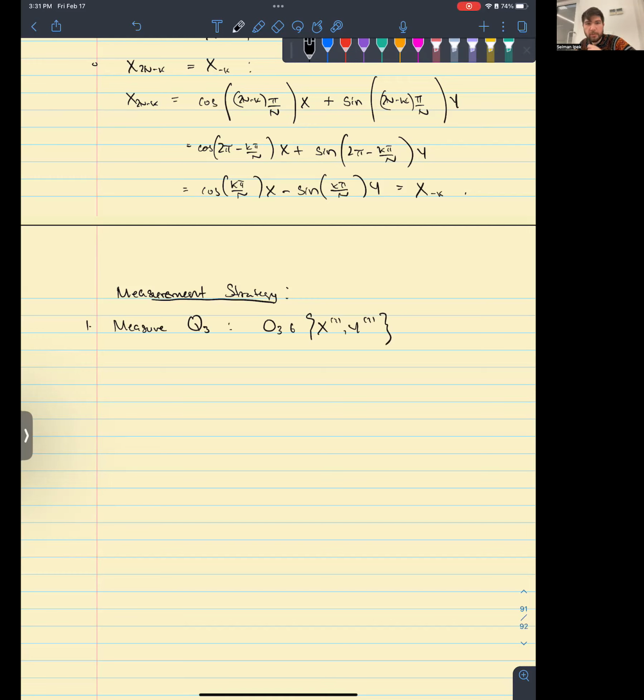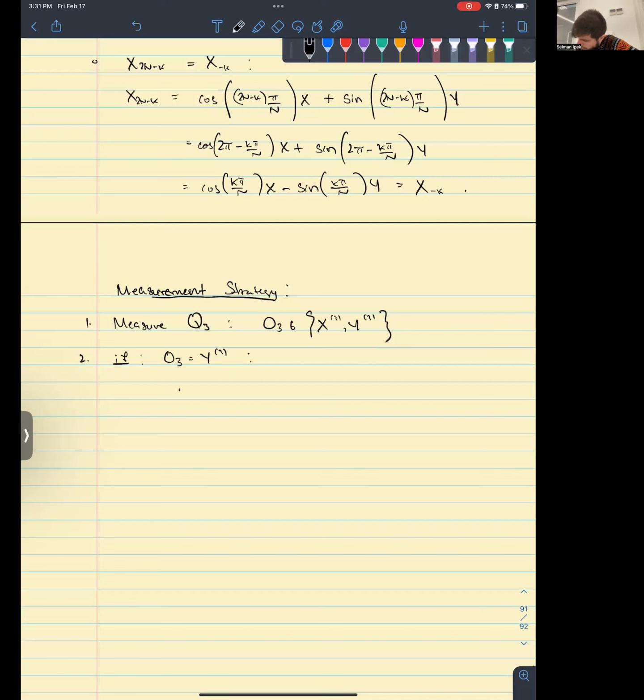Then there are two possible things depending on which we measure. If we measure Y3, then what will we do? If the outcome of our measurement is plus, so this is the adaptive part, we want to measure O1 equals x_{n-1-k}.